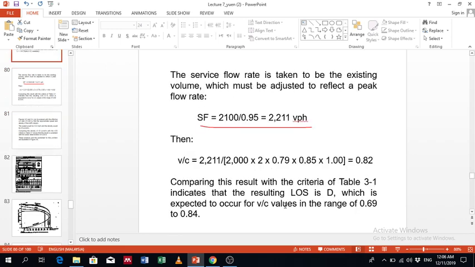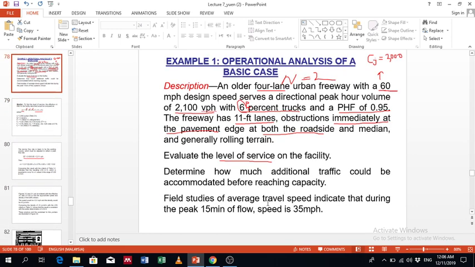So the second part of the problem was to determine how much additional traffic could be accommodated before reaching the capacity. What is the capacity? When we are reaching the capacity, very easy: when V over C is equal to 1, when volume over the capacity is equal to 1, it means that we are reaching the maximum capacity.